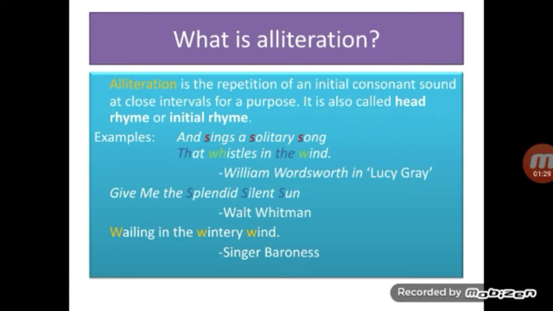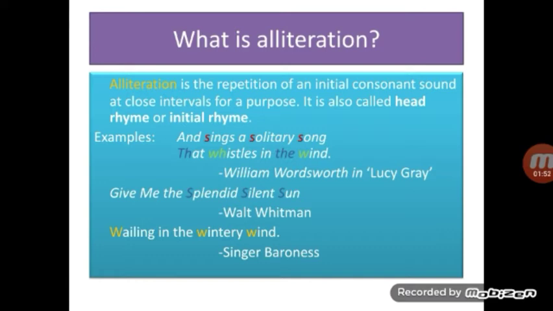Let's read out: "And sings a solitary song that whistles in the wind." In the first line, we can see 's' in sings, 's' in solitary, and 's' in song. The 's' sound is repeated thrice.